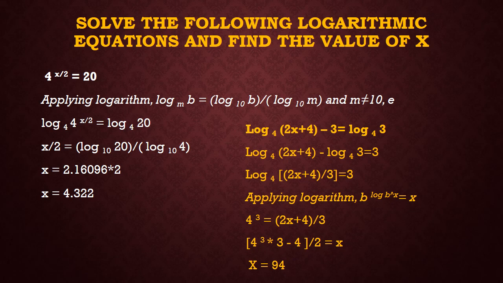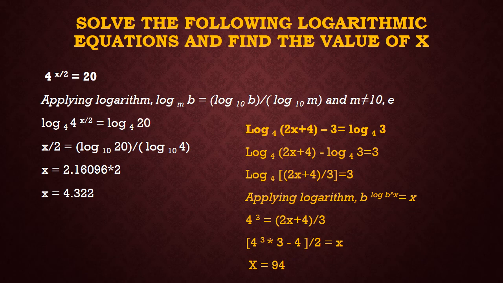Since the two log terms are being subtracted, the new term after merging is that you divide the two terms. So log base 4 of 2x plus 4 over 3 is your new term with the base 4.